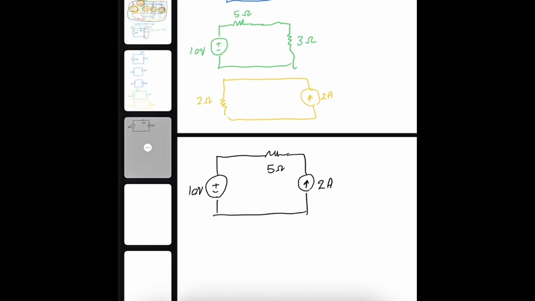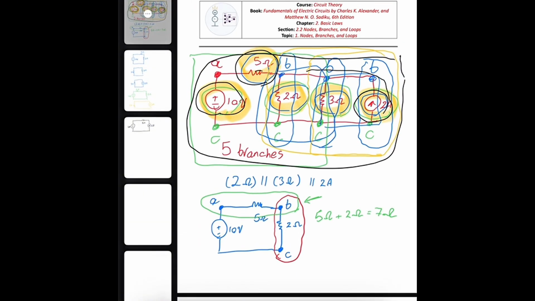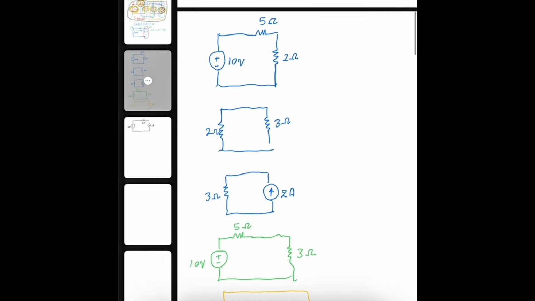But what is an independent loop? An independent loop is one that contains at least one branch which is not found in any other independent loop. Meaning that the first 3 that I redrew, the blue ones, they are independent. None of their branches are found in any other independent loop, and therefore we have 3 independent loops in here.